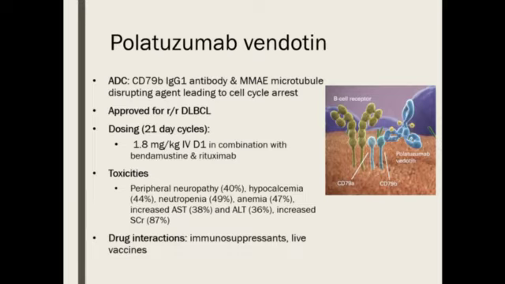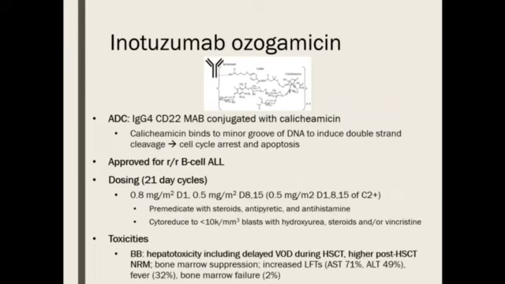I'll point out peripheral neuropathy being pretty significant. Hepatotoxicity has pretty decent rates, but of course the highlight here is the neuropathy, as well as an increase in renal dysfunction or an increase in serum creatinine. But this is a product that is being used more commonly for DLBCL patients.